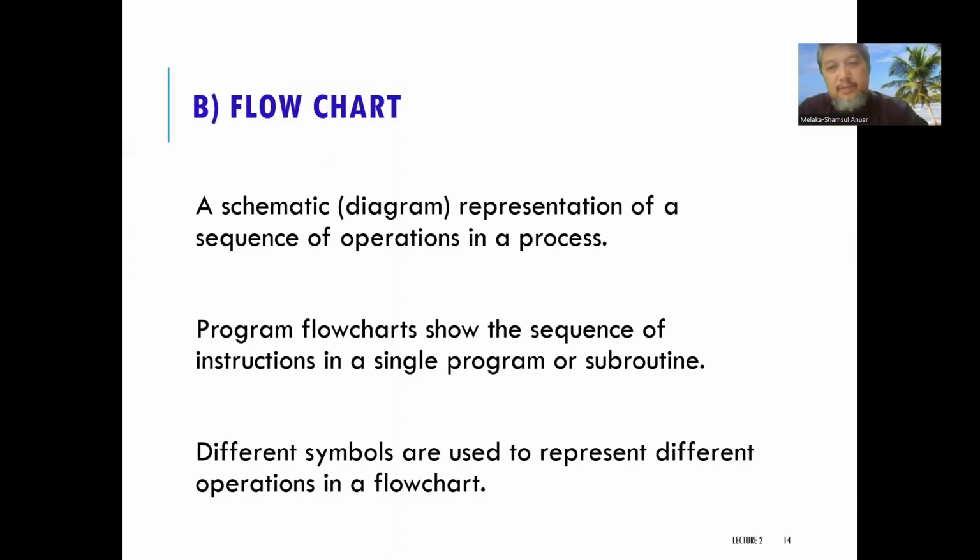Similarly, we can also show those steps using a flowchart. A flowchart is a schematic diagram representation of a sequence of operations in a process. A program flowchart shows the sequence of instructions in a single program or subroutine. Different symbols are used, especially the boxes, to represent different operations in a flowchart.